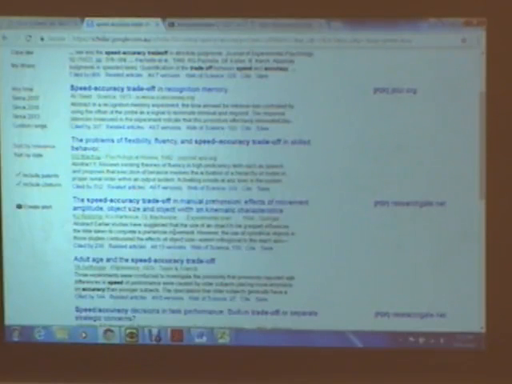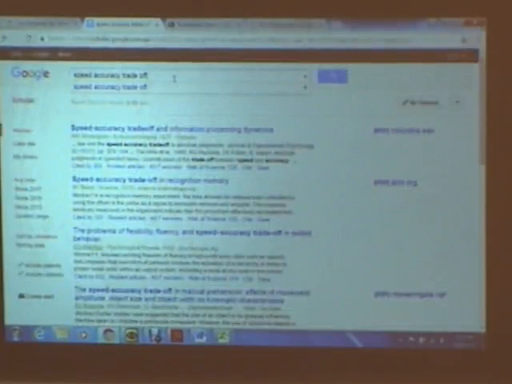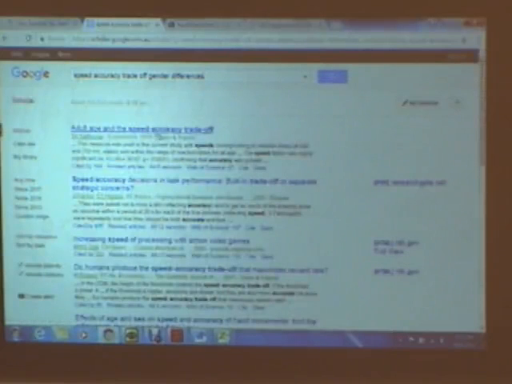Okay, does this still work? You have gender. You could ask, does gender make a difference? So then you could even type in up here, gender differences, and adult age and the speed accuracy trade-off. You have an exact match to that topic. And you could say, all right, well, we know gender.